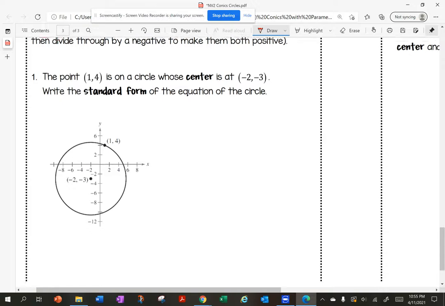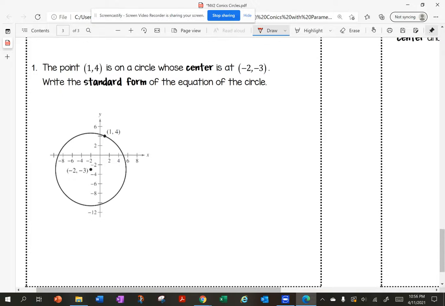Okay, so let's start working with this. If I have a point (1, 4) on a circle, and my center is at (-2, -3), write the standard form of the equation of the circle. So I know h is -2 and k is -3, and they're telling me this point. So I want to find the radius.